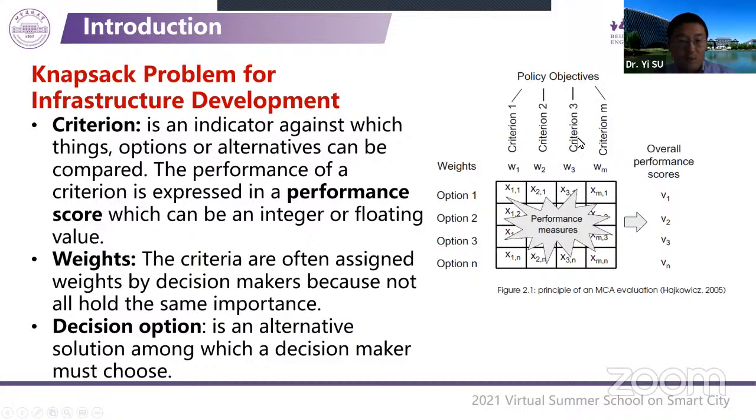Second is the weight. The criteria are often assigned weights by decision makers because not all hold the same importance. And last is the decision option. It's an alternative solution among which a decision maker must choose. So all of those are the parameters we need to consider for a knapsack problem.